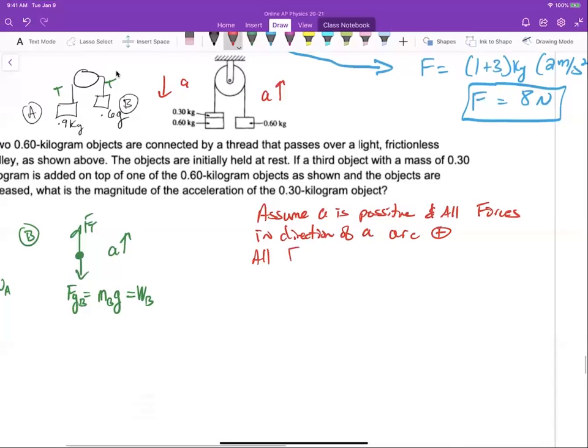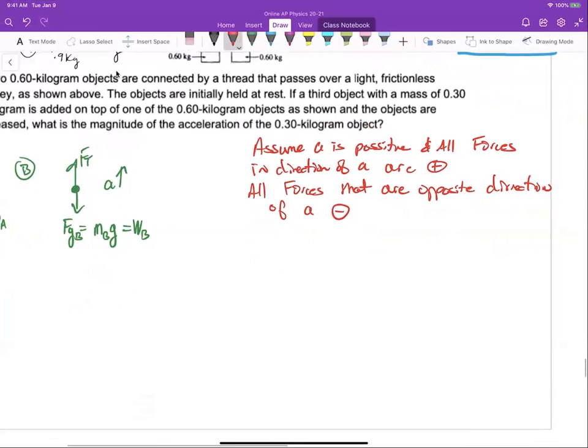All forces that are opposite direction of A are negative, okay? So that's how I particularly solve it.